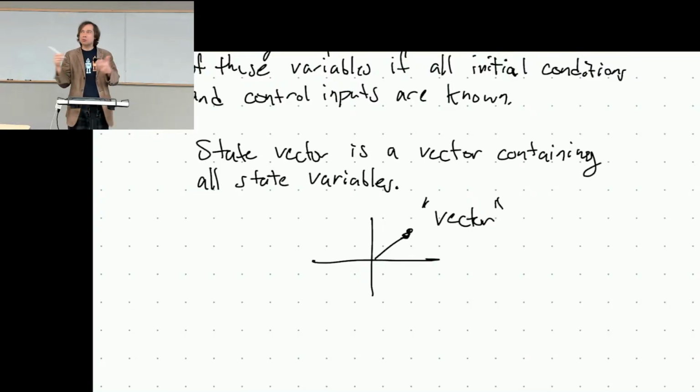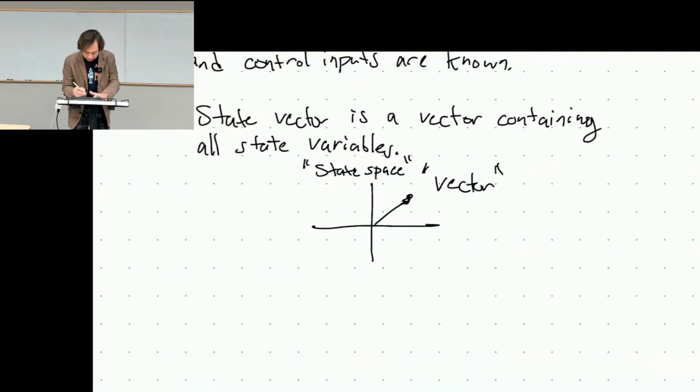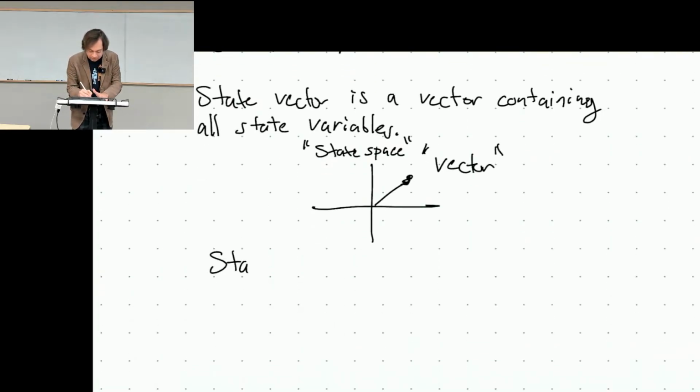So this is a really simple way of saying this is why we call it state space methods. If someone calls something state space, it means that there are state vectors involved. And yes, you can draw vectors on a state space. Sometimes you'll hear something called state space controls, which we will be covering in this class.